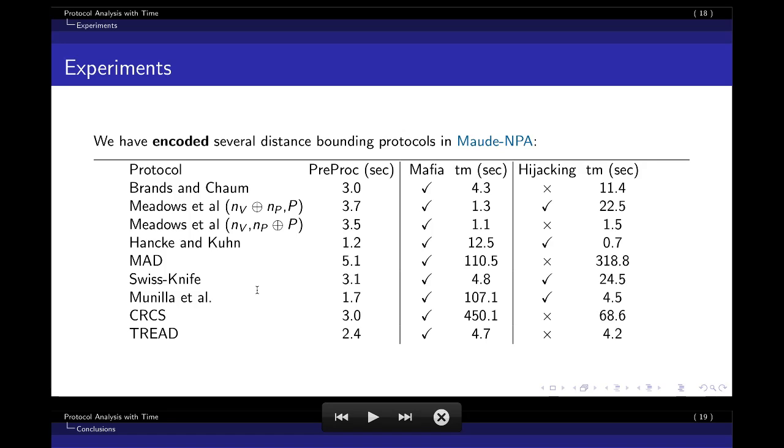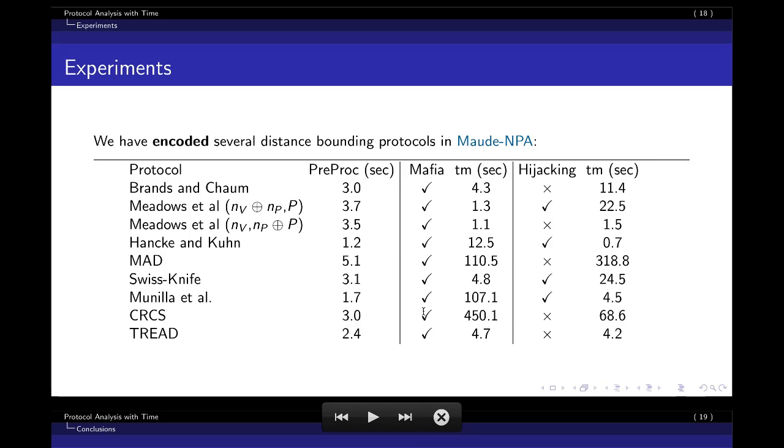Another important thing for the experiments: although the timed model allows an unbounded number of participants, in our case we specified one verifier, one prover, and one attacker. But we allowed an unbounded number of sessions. This table represents the 9 protocols that we analyzed.